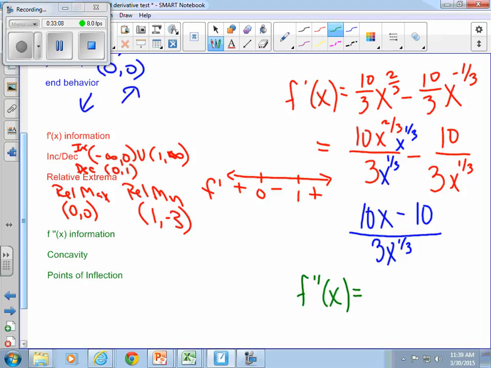And so 2/3 times 10/3 is 20/9 x to the negative 1/3 plus 10/9 x to the negative 2/3. No, negative 4/3.